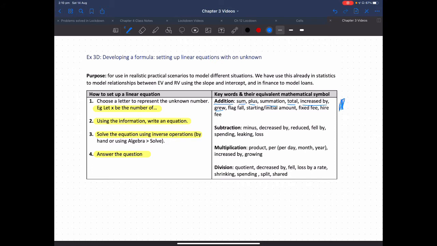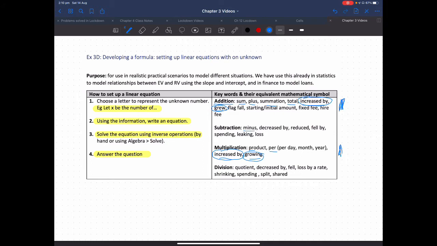Multiplication: product, per, increased by, growing. Now you need to be really careful here. Multiplication increased by, addition increased by. Multiplication growing, addition may involve growing. You need to be careful to read exactly what they're telling you to work out whether it's adding something or multiplying by something.